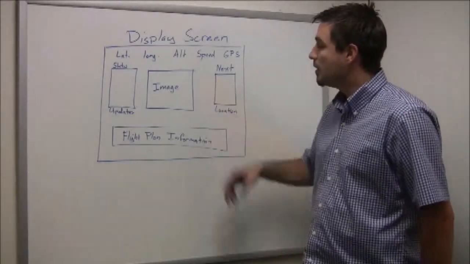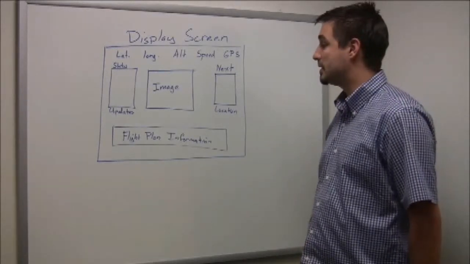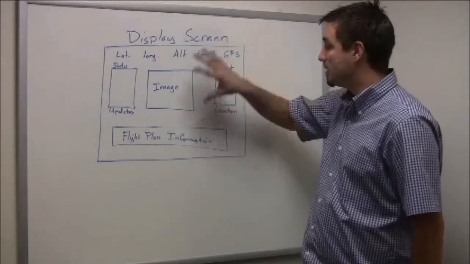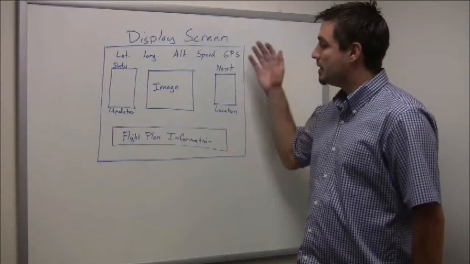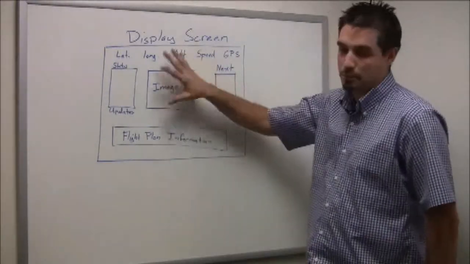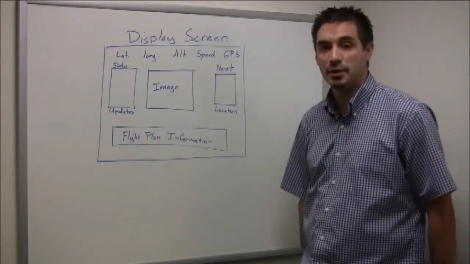In the center here, we have a portion for the image. Now this image is being transmitted from the main processor through the XBee onto the screen as described before. Now if there hasn't been an image taken and transmitted yet, this area will remain blank. On the right hand side we have the next location.